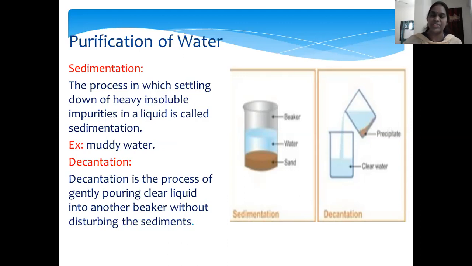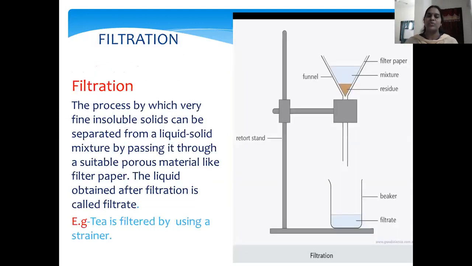Okay, coming to the next one, filtration. What is filtration? Filtration is a better method than sedimentation and decantation. Suppose if you look at filtration in the laboratory, how they will do it: they will arrange one stand, and they will fix one funnel to the stand. Under the funnel you can see the beaker.